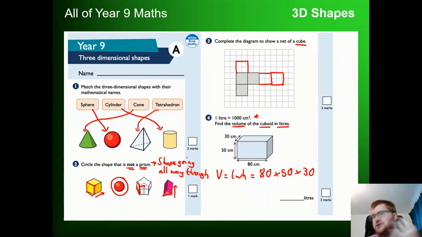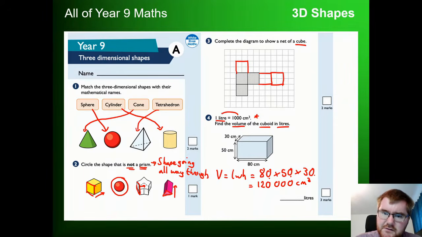Now you could rush to your calculator at this point, but I'm just going to multiply this mentally. So 8 times 5 is 40, 40 times 3 is 120, and we've got 1, 2, 3 zeros, so 120,000. This is how much it is in terms of cubic centimetres, but we want the answer in litres. So what do we do to go from 1,000 to 1?